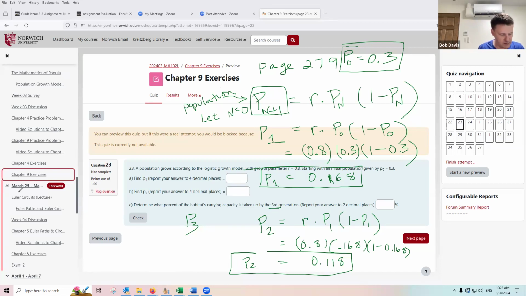0.8 times 0.1118 is 0.08944. All right, and then for inside the parentheses, it's 1 minus 0.1118, which is 0.8882.